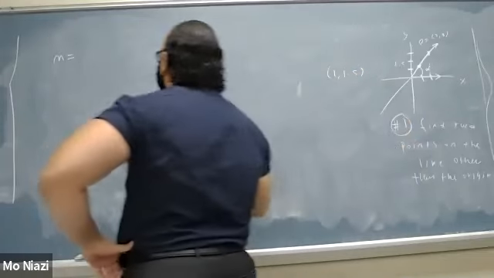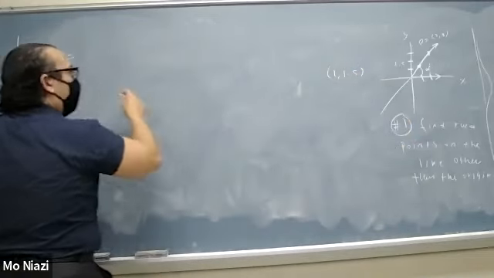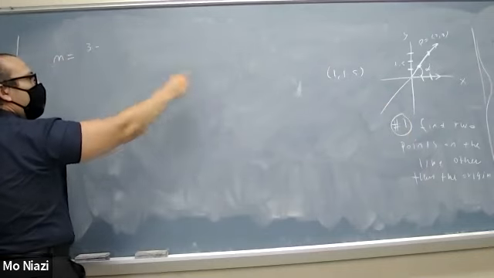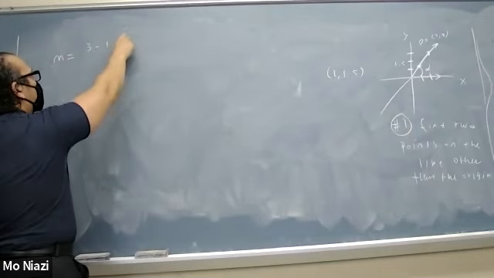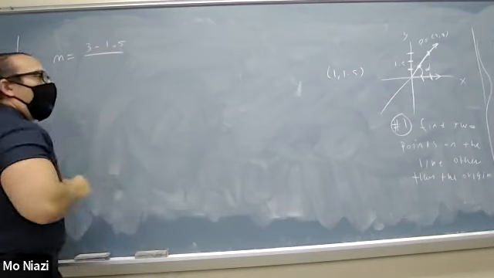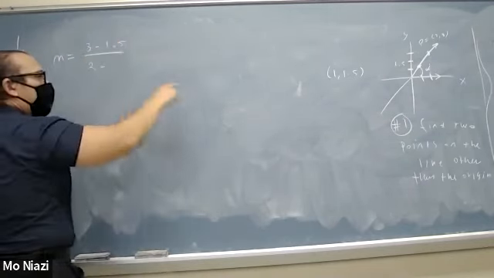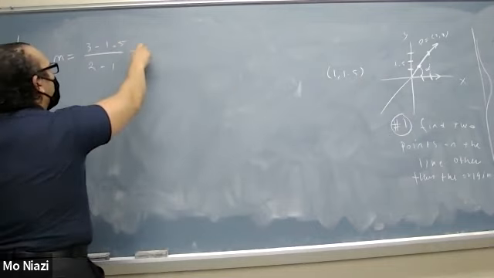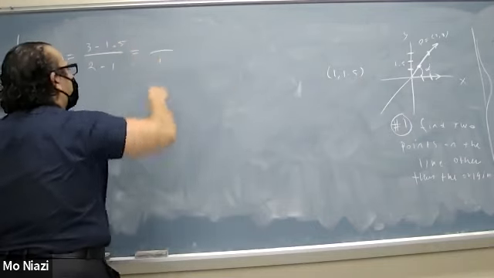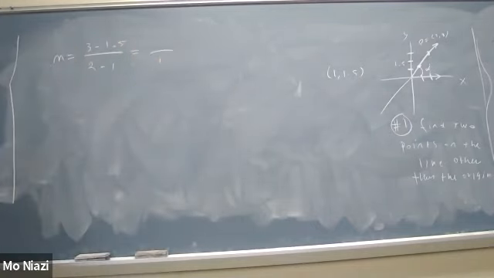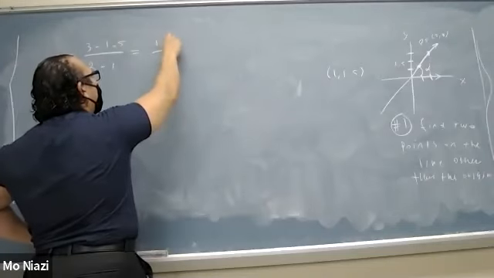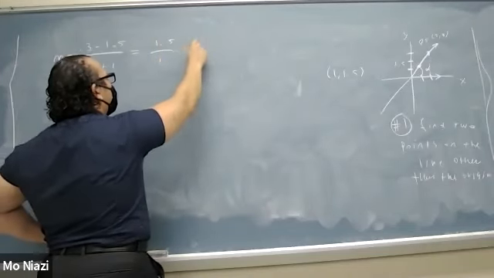So we can find the slope. The final y being 3 minus initial y being 1.5, all over final x being 2 minus initial x being 1. What does the top give us? 1.5. 1.5 divided by 1 is what?